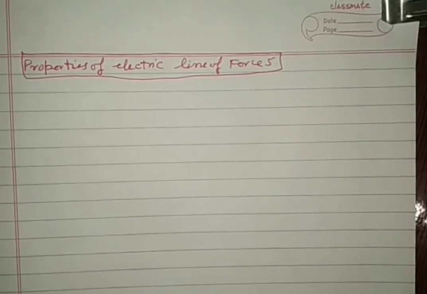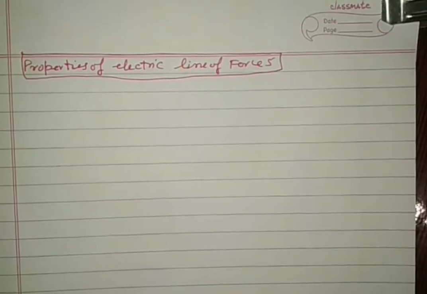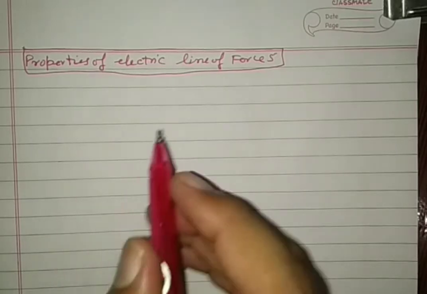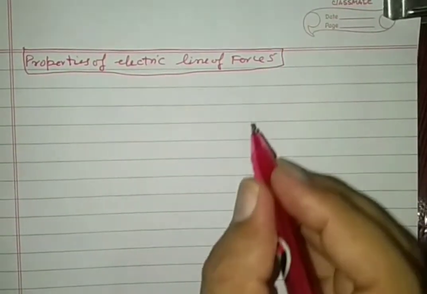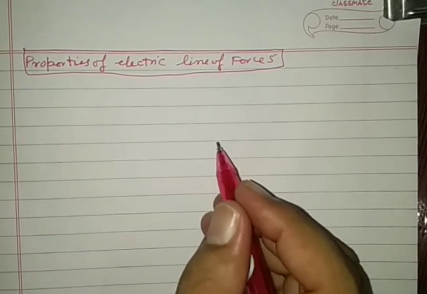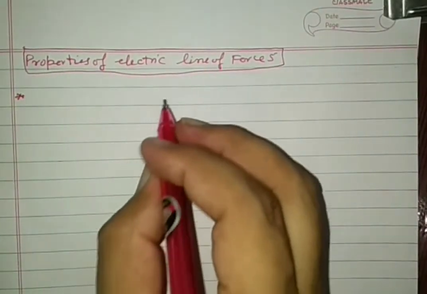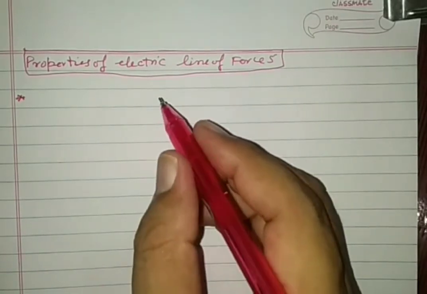Otherwise we will understand only the mathematics. So it depends on you. Will you understand physics in electrostatics or only mathematics in electrostatics? So knowing the properties of electric line of forces is very important. So I am going to explain these properties under points.